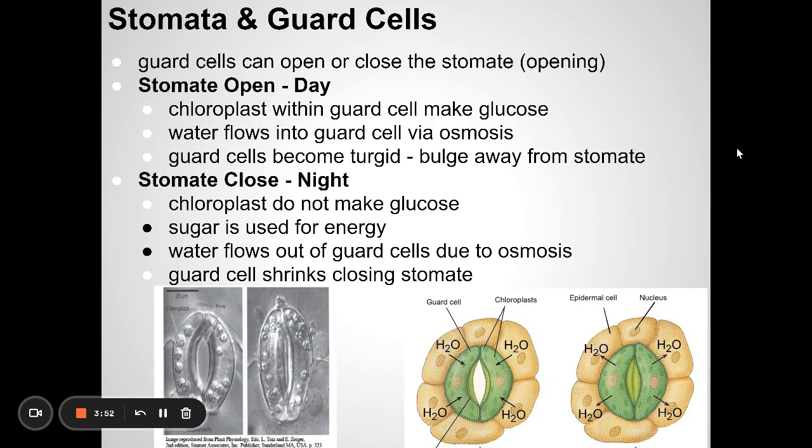So typically what we would find is that during the daytime, those openings, those stomata, open up to allow gases to come in.